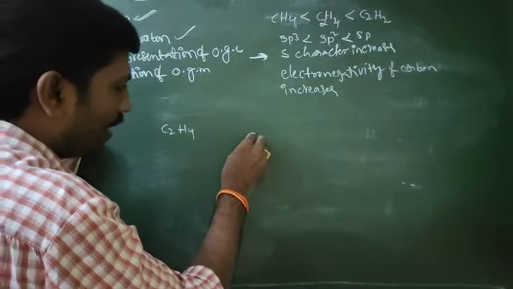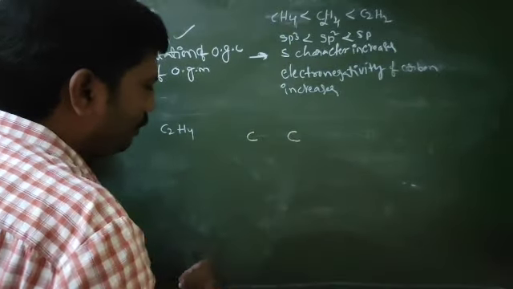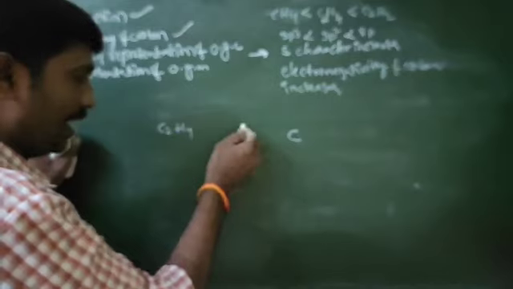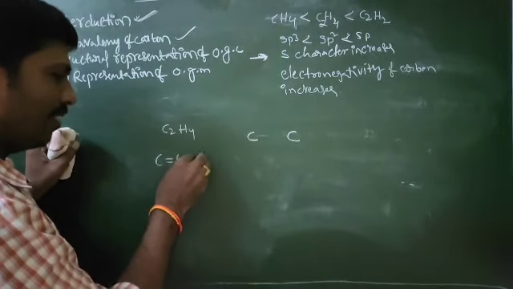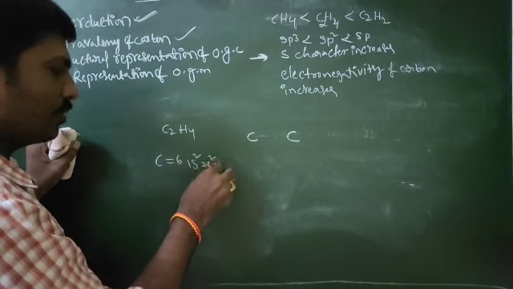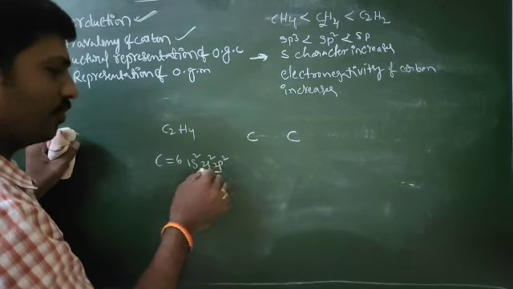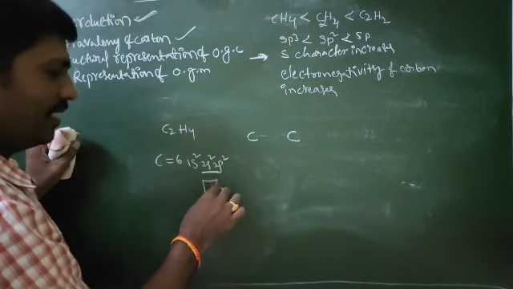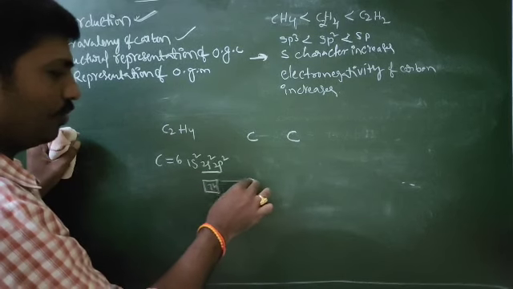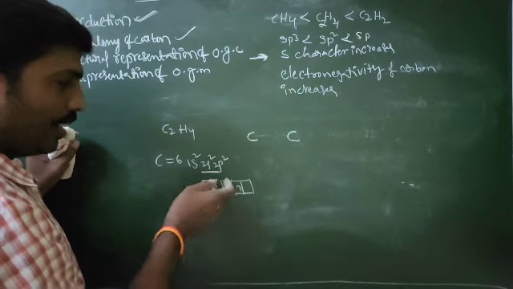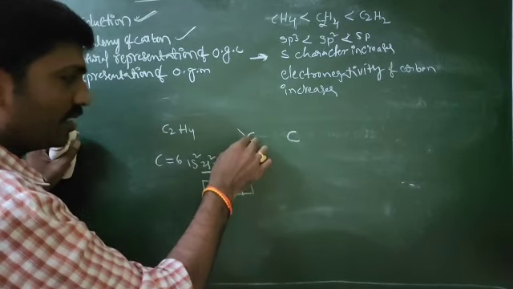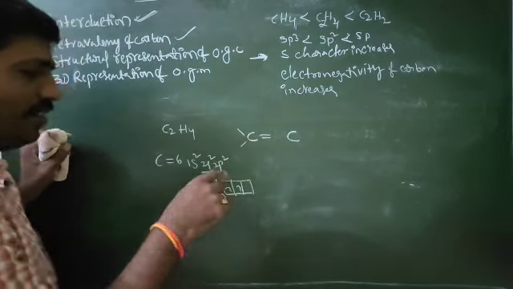Here, between the carbon atoms, a pi bond is there. How will it form? Carbon has atomic number 6: 1s2, 2s2, 2p2. In the outer shell, 4 electrons are there. Here the s orbital has 2, and the p orbital also has 2. But here, how many bonds are there? Total 4 bonds. How will 4 bonds be possible?